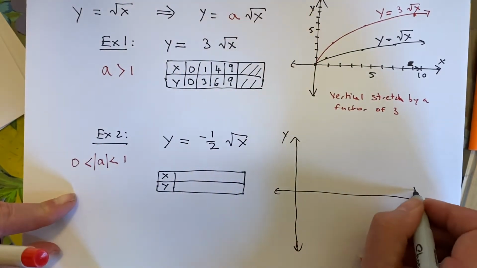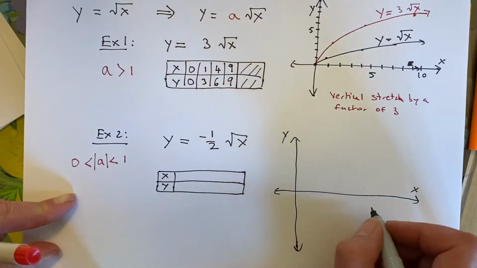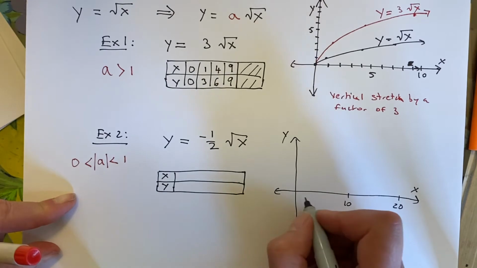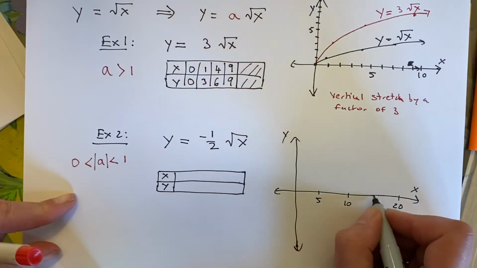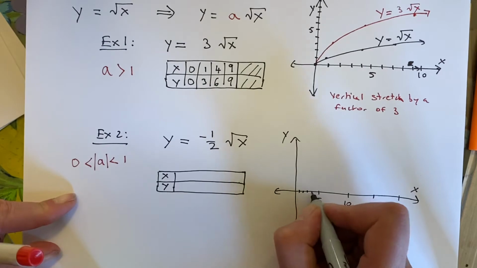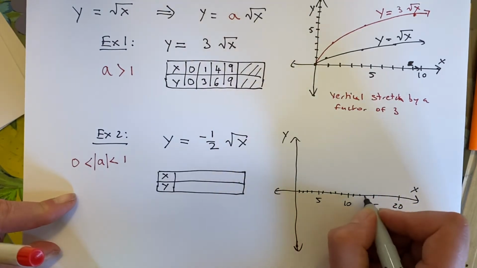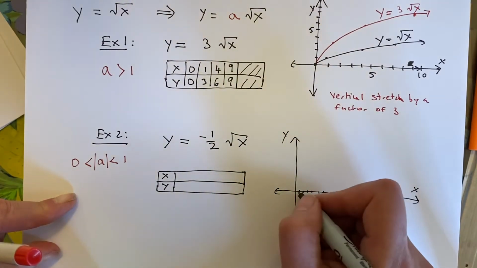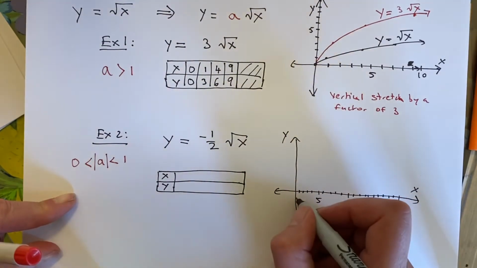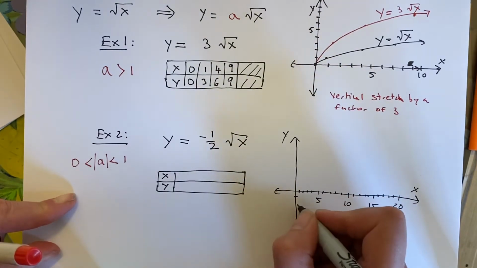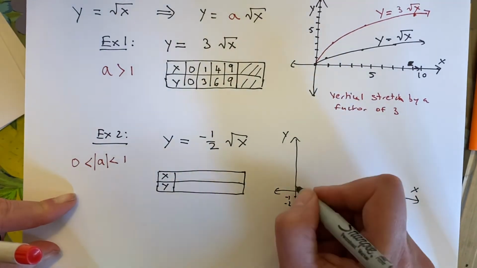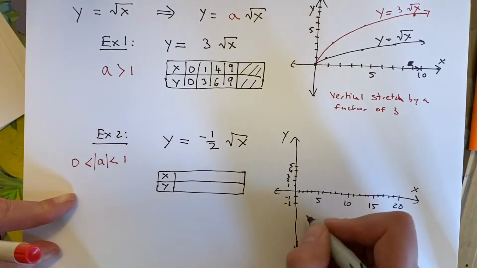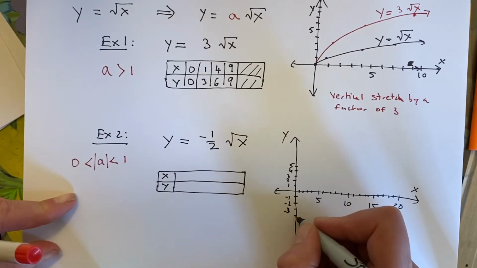Here's my y-axis, my x-axis, and I'm going to take this all the way out to 20. 1, 2, 3, 4. Okay, this is going to look interesting because I have to go out to 20, and here I'm only going out to -1, -2, +1, +2, +3, +4, +5. As you'll see, we're not going to need to go further than that.